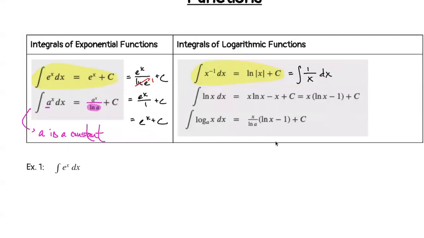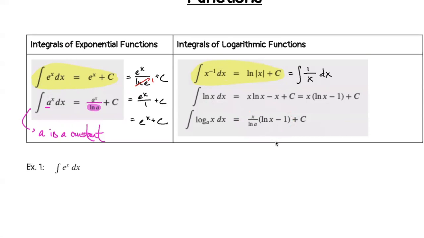We can switch them when doing integrals and derivatives because they are inverse functions, but the integral of natural log of x is actually this more complicated looking function. And similarly, if that base is not e but a different number, we have to compensate by dividing by the natural log of a.